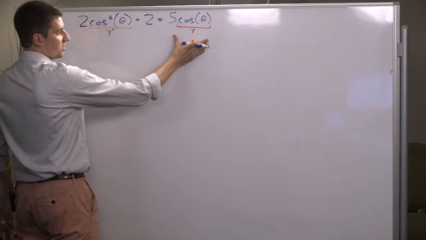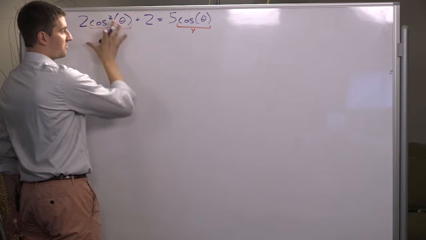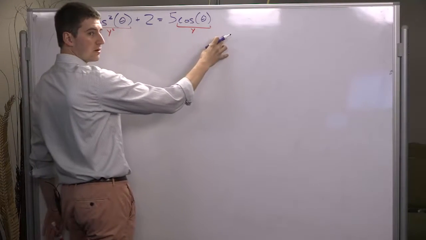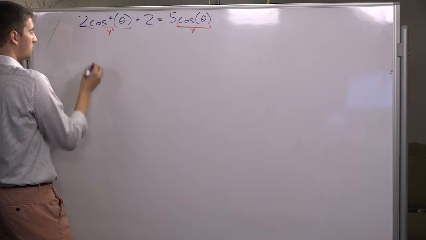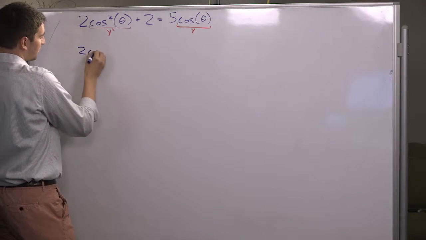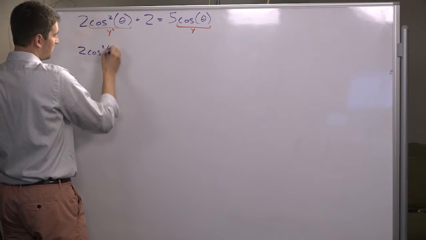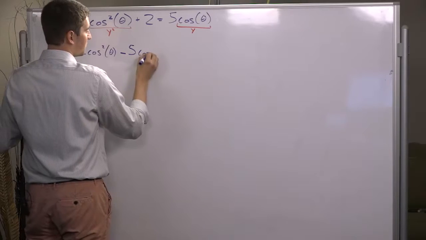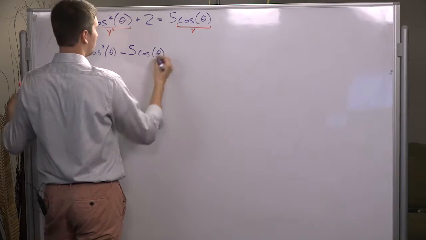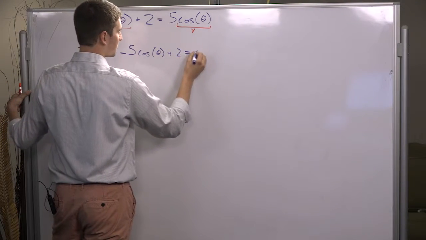So what do we do? We don't leave it like this. We try to move everything to one side so that we have a 0, and then we factor. So let's move this 5 cosine over. Now we have 2 cosine squared of theta minus 5 cosine of theta plus 2 equals 0.